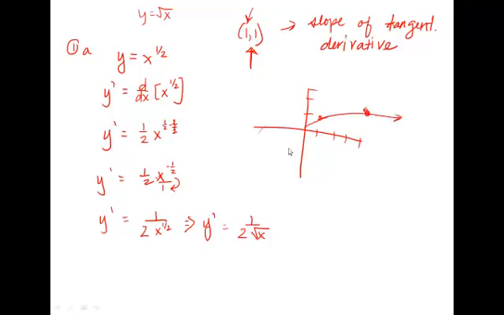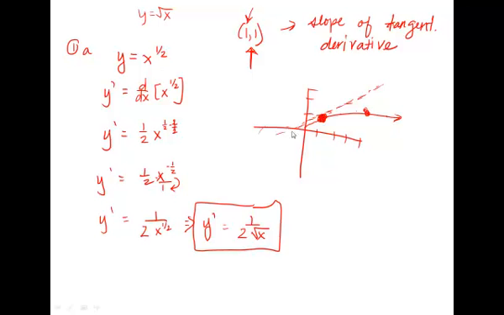Okay. If I were to ask you, what is the tangent line that's going through this point right here, that 1, 1? So keep in mind that this right here is the equation or the function that will give you the derivative or the slope of the tangent at any given point on this graph. So all you need to do is say that I'm interested in the point where x is equal to 1.